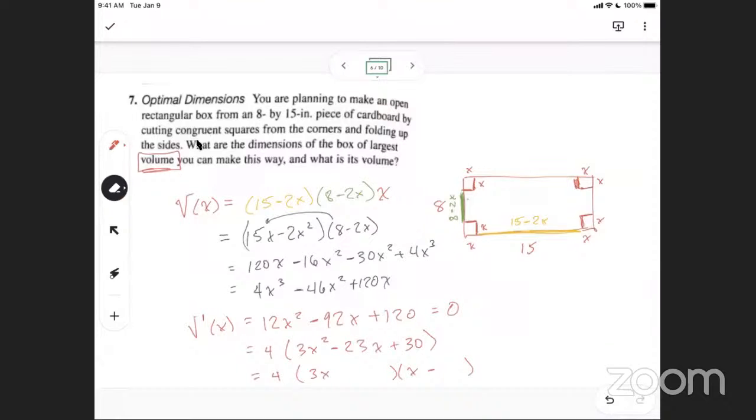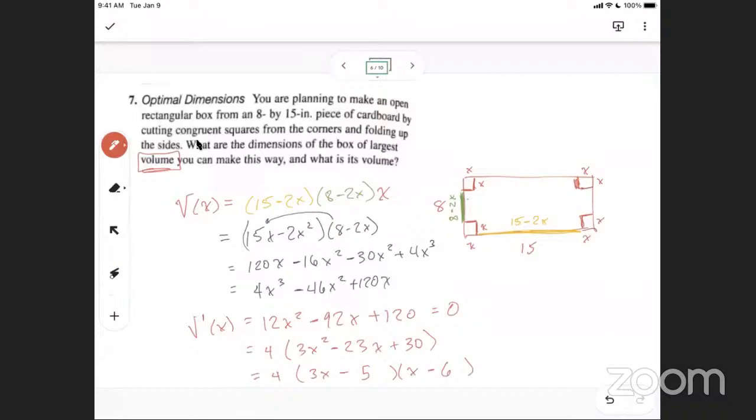Let's see, 5 and 6. Oh yeah, they're both going to have to be negative. So it's going to be 6 and 5 somehow. How about 6 here and 5 here? Does that work? That's 5, that's 18. What's negative 18 and negative 5? Negative 23, perfect.